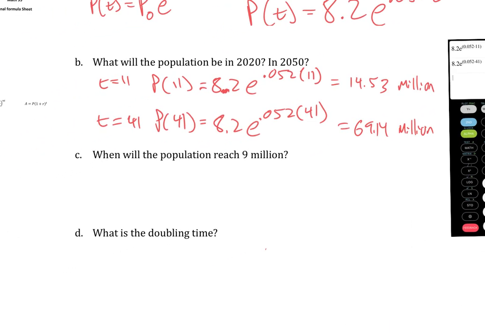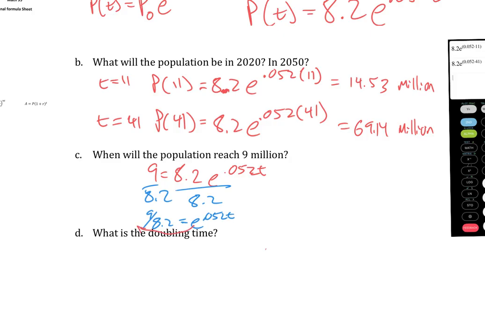When will it be 9 million? Well, we're going to write 9 equals 8.2 e to the 0.052t. And let's solve this. We're going to divide by 8.2. Now, you could do that and you'll get a decimal, but it's probably best just to leave this. So we have 9 divided by 8.2 equals e to the 0.052t. And let's go ahead and change this to a logarithm.